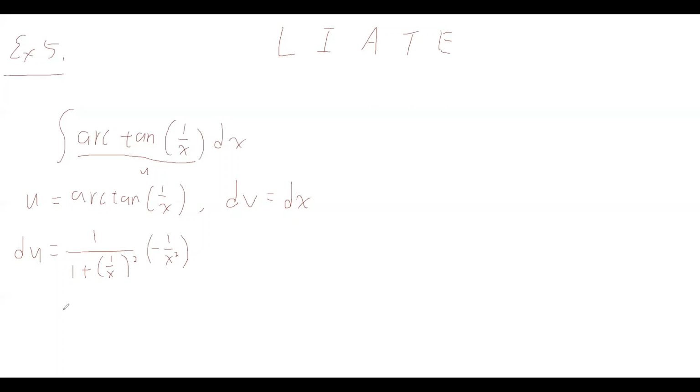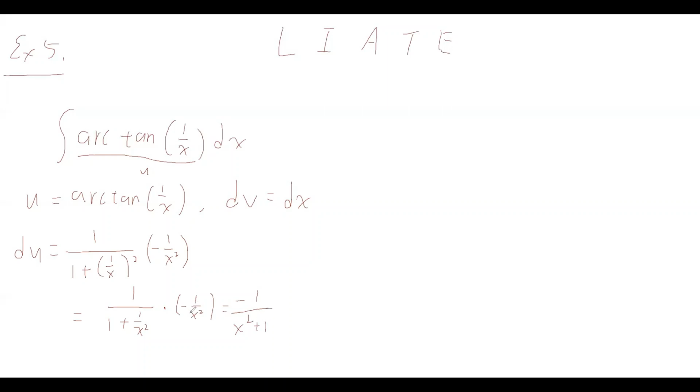Right? So let me clean this up a little bit. It's going to be 1 over 1 plus 1 over x squared, multiplied by negative 1 over x squared. And that's going to be negative 1 over x squared plus 1.